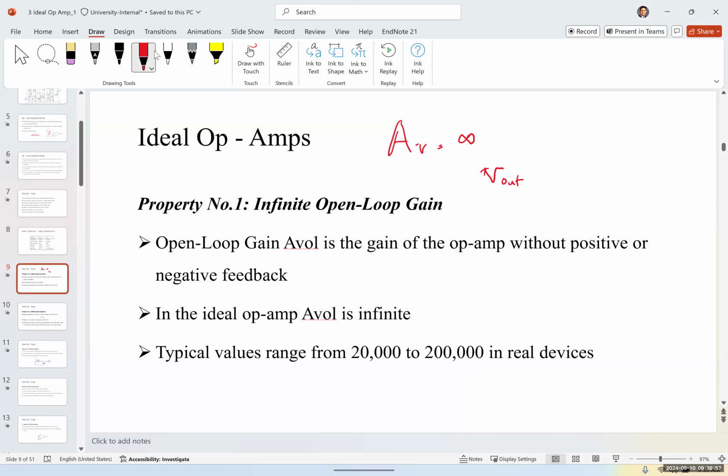Therefore, V out in a system is AV times V in positive minus V in negative. So if AV is infinite, V out would also be infinite.